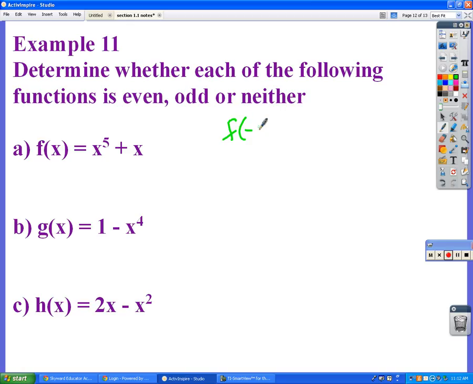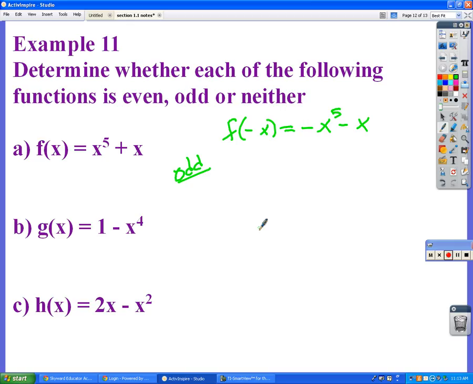If I plug in f of negative x, what is negative x to the 5th power? Negative x to the 5th. And if I plug in negative x for there, then I also get minus x. So since this answer and this answer are exactly the same, but this one is the opposite of that, this is an odd function. Okay?